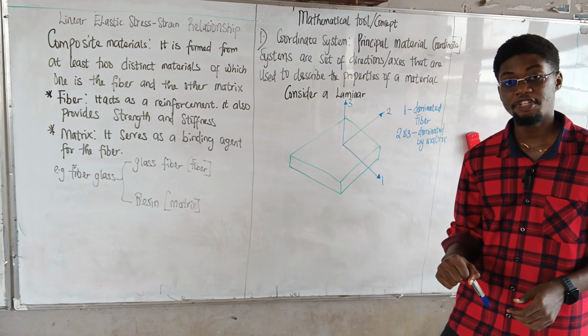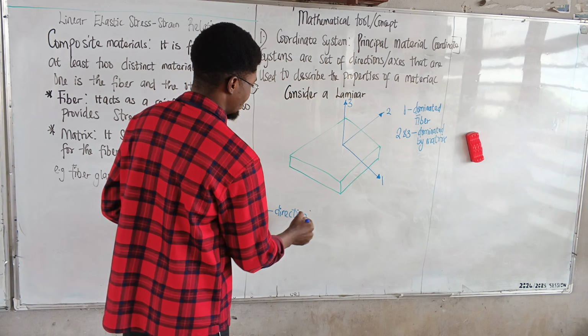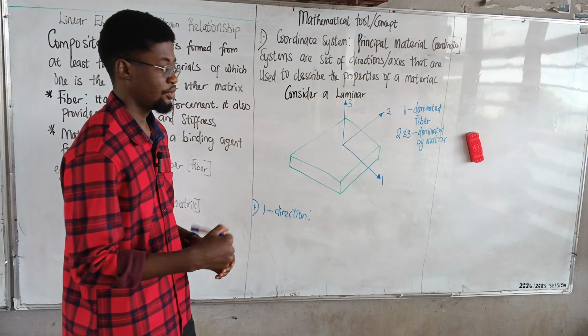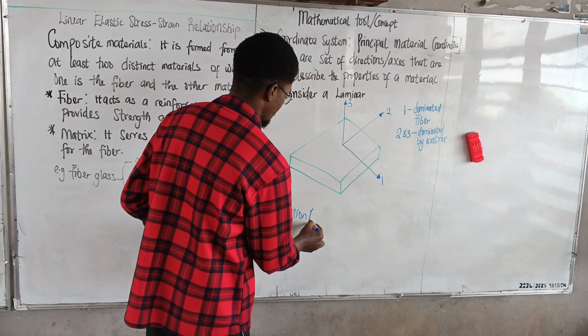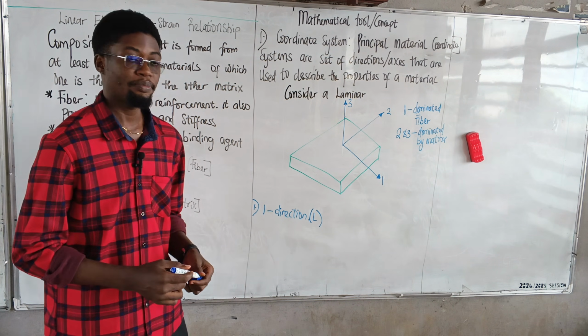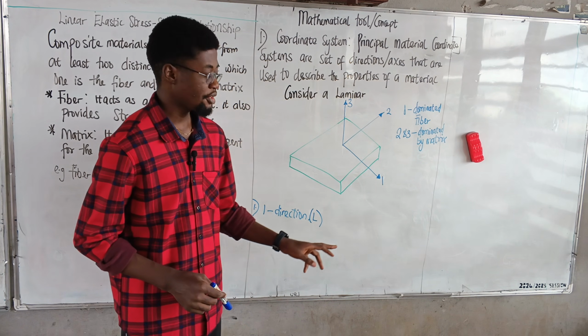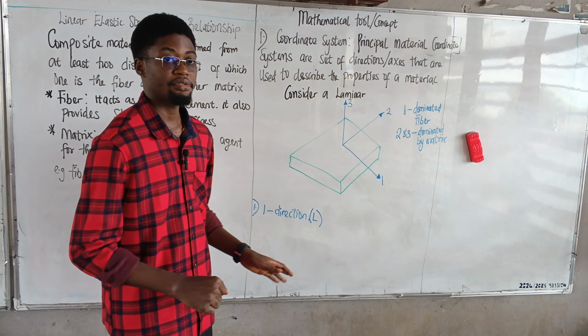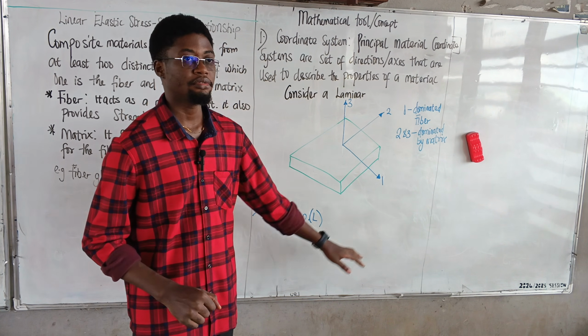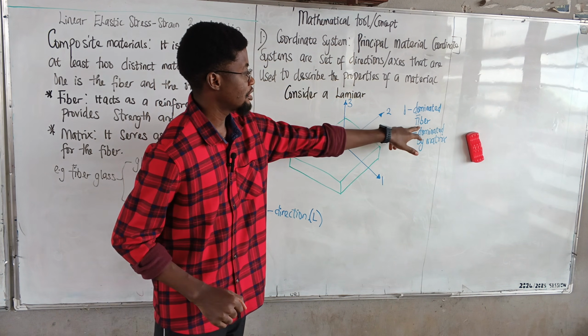Starting with the 1 direction. An easy way to remember it is that we put an L here for the 1 direction. It simply means that the 1 direction is the longitudinal direction, and this direction is aligned with the fiber, dominated by fiber.